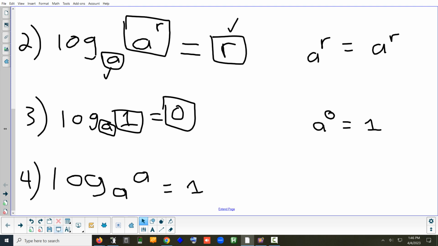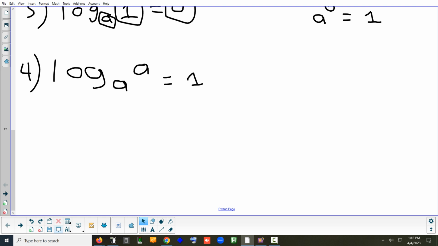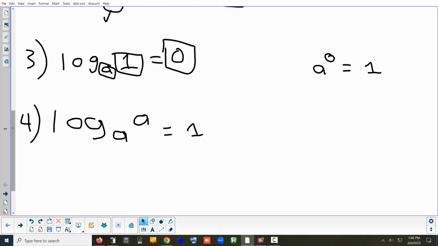So rule 4 says that if you take a logarithm and the base and the argument match, the answer is 1. And let's see why that one's true. Since I have two A's, I'm going to make one of them the red A and the black A, so we know which one we're talking about.